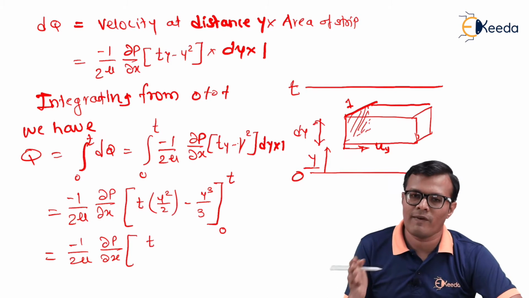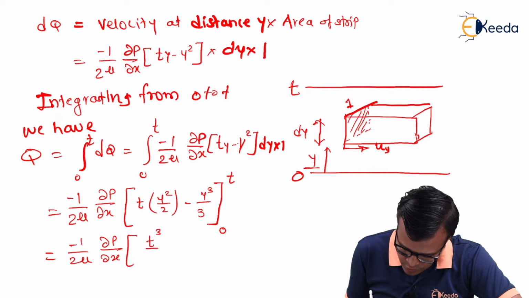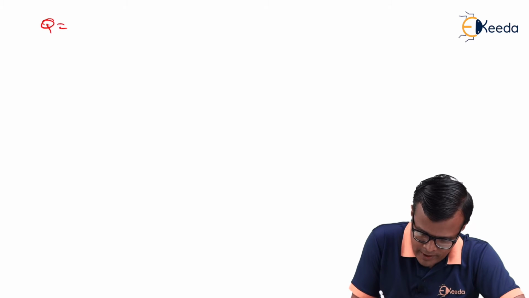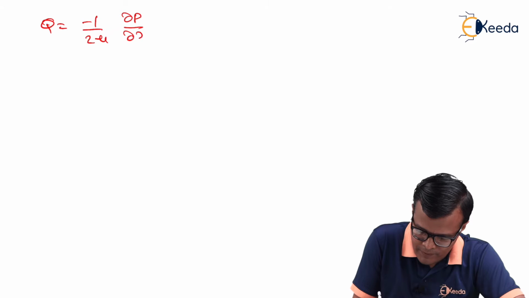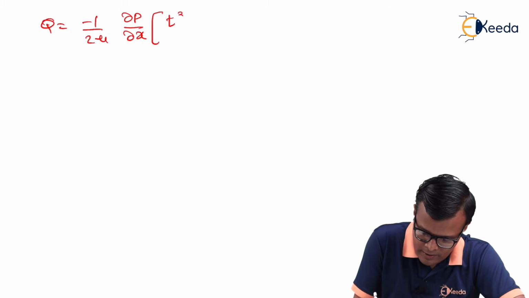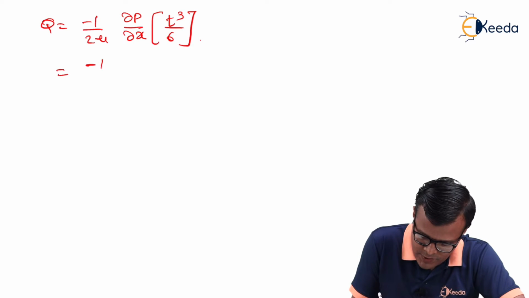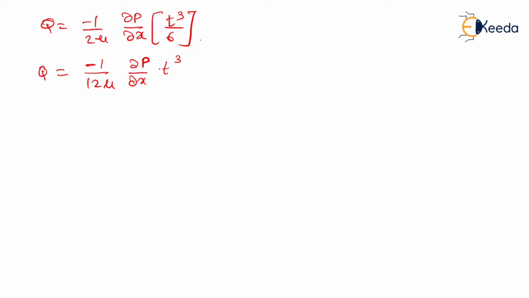So for that purpose we will alter the terms, so it will become t cube upon 3 minus t cube upon 2. So Q can be written as minus 1 upon 2 mu del p by del x in bracket t cube upon 6. That can be simplified as minus 1 upon 12 mu del p by del x into t cube.